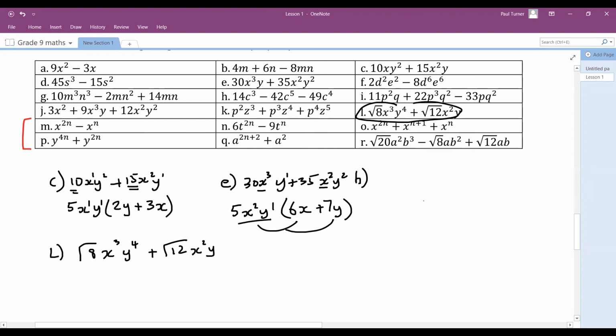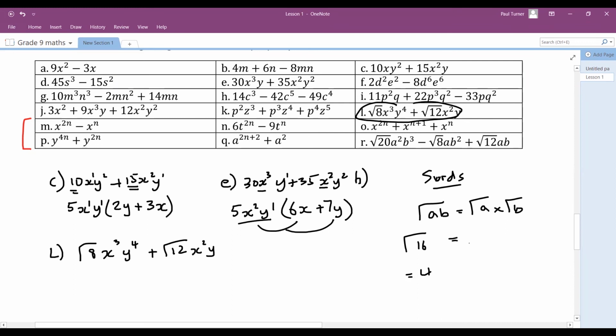So now for your roots, there's a rule here for surds. These are called surds, S-U-R-D-S. So if you've got a number root AB, that can be written the same as root A times root B. So for example, if you had root 16, which we know is 4, isn't it?